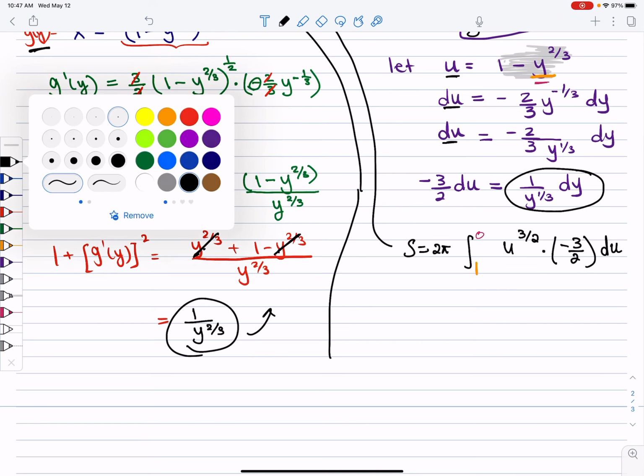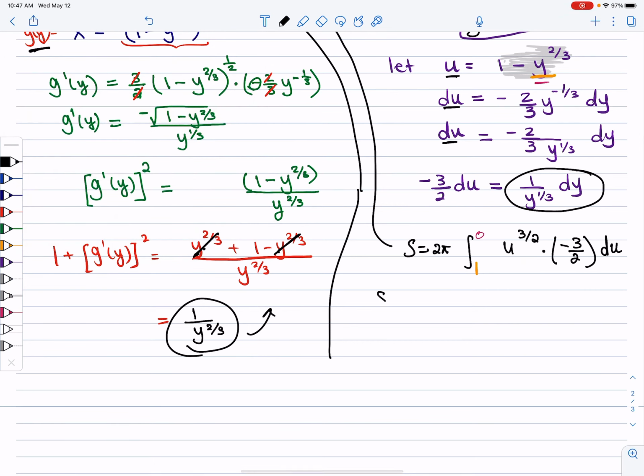Let me clean that up a little bit. So the surface area of this revolution is equal to, we can simplify the 2. I'm going to factor out that negative 3. So we have negative 3 pi, the integral from 1 to 0 of u to the 3 over 2 du.